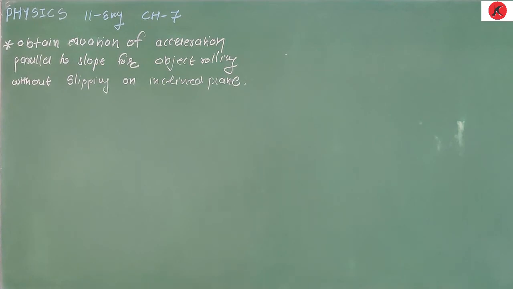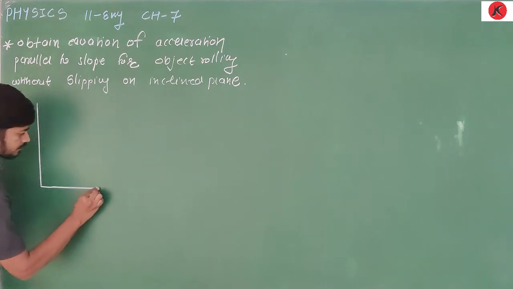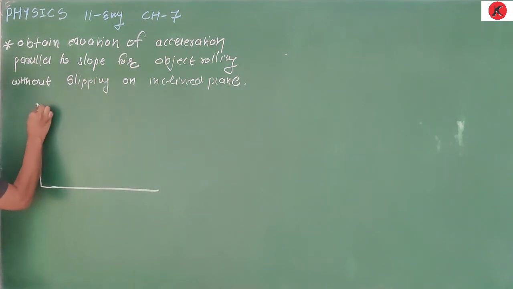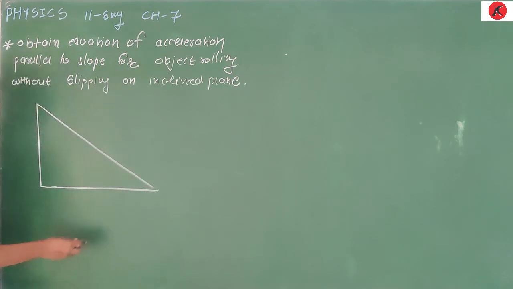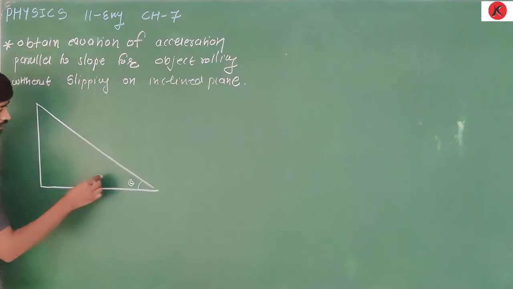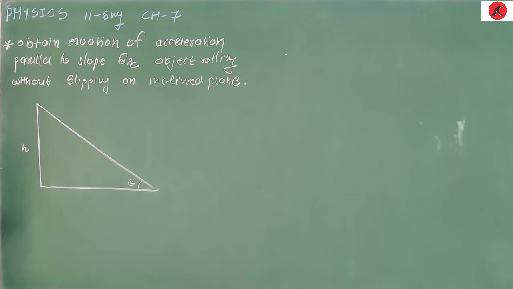Okay, the next theory question is obtain the equation of acceleration parallel to the slope for an object rolling without slipping on an inclined plane. It means, see here, it is again angle theta, height h, the object starts its motion from the top above this axis.